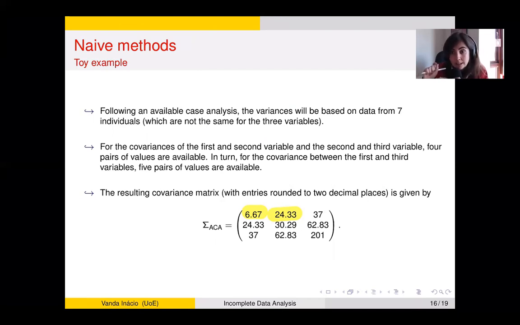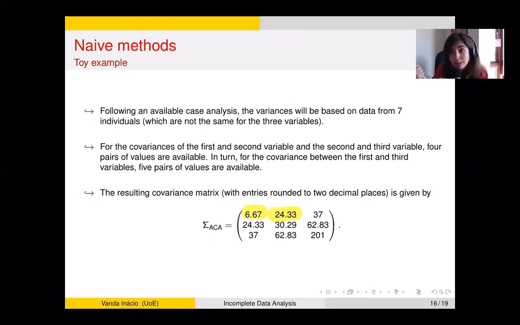And okay, that's it for this part. We have learned about complete case analysis, where any individual with even a single missing value will be discarded from our analysis, and we know that under missing completely at random, this leads to unbiased, although inefficient estimates.